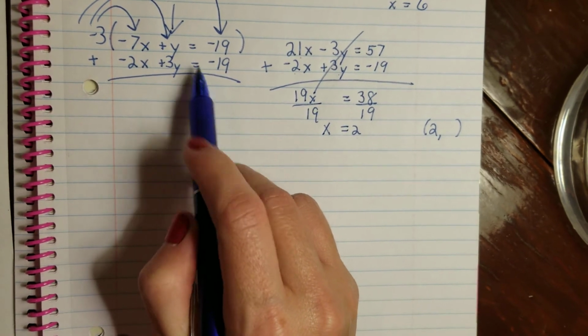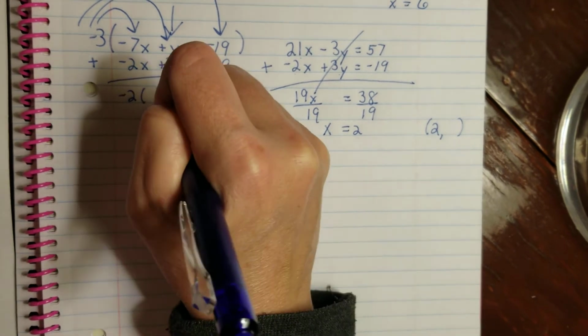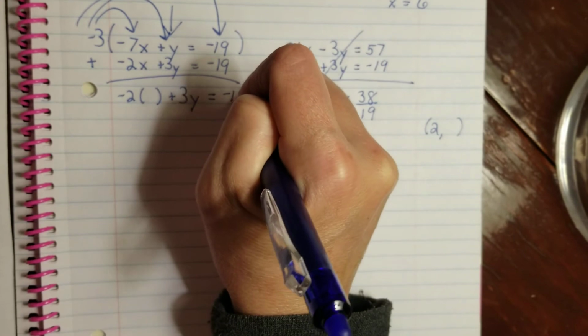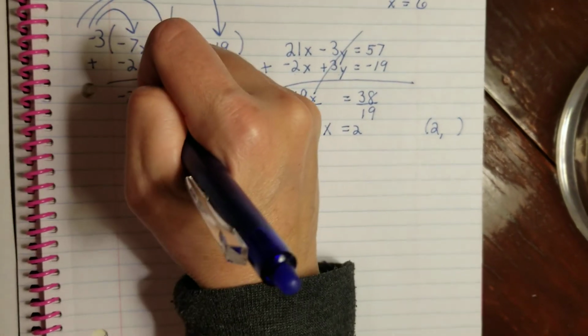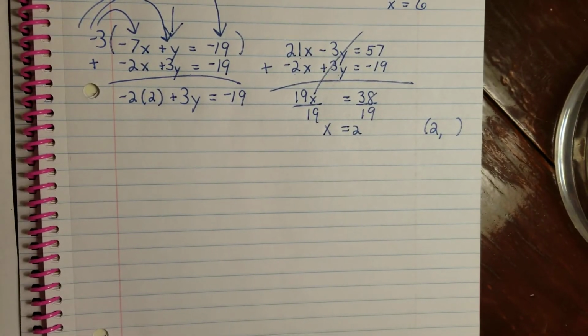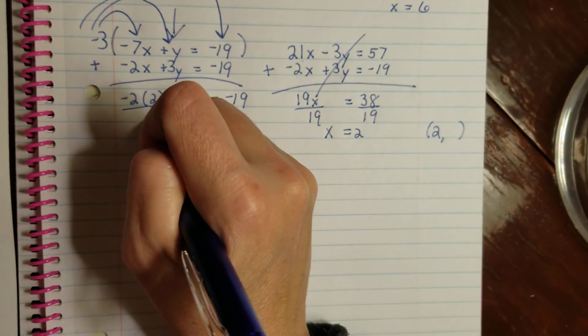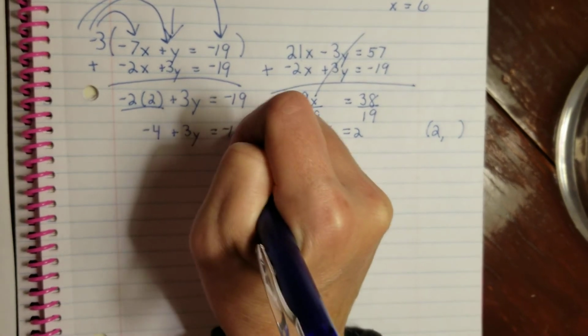Doesn't matter. I'm going to pick this one down here. Negative 2 times x plus 3 times y equals negative 19. So instead of the x, I'm plugging in the 2. Now I'm going to solve for y. Negative 2 times 2 gives you negative 4, plus 3y equals negative 19.